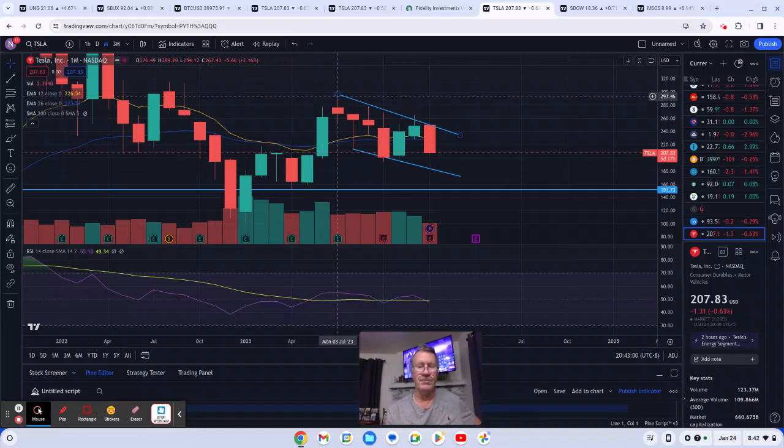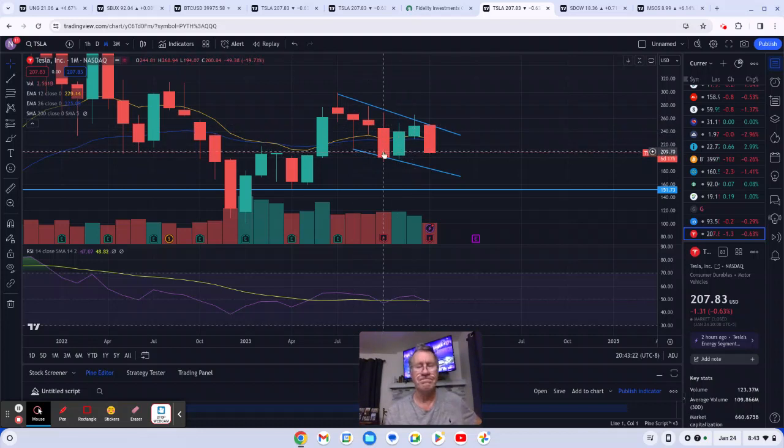So do you confirm a monthly uptrend? This is a bull flag, basically straight up. If you're going to confirm the monthly higher low, then this would have to be the higher low because that's the most recent area that you pulled up from.